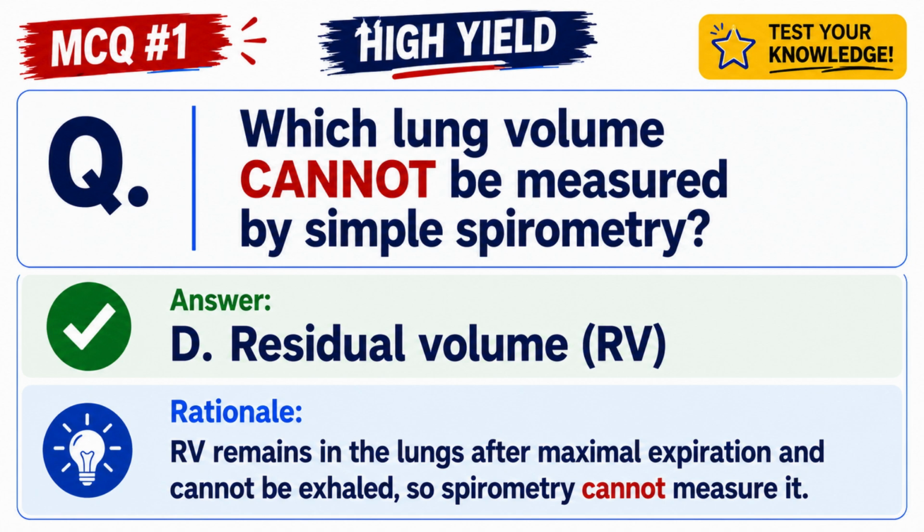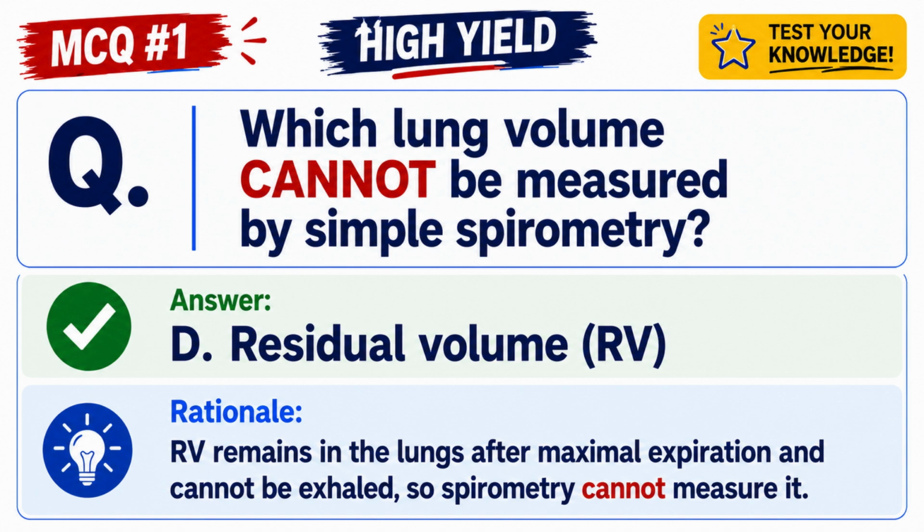Expiratory reserve volume, the extra volume you can force out after a normal exhalation, you breathe it out. Spirometry measures it. Residual volume, the air that remains in the lungs after maximal expiration. You cannot exhale it. No matter how hard you try, it stays. Because spirometry only measures what you can move in and out, and residual volume never moves out.